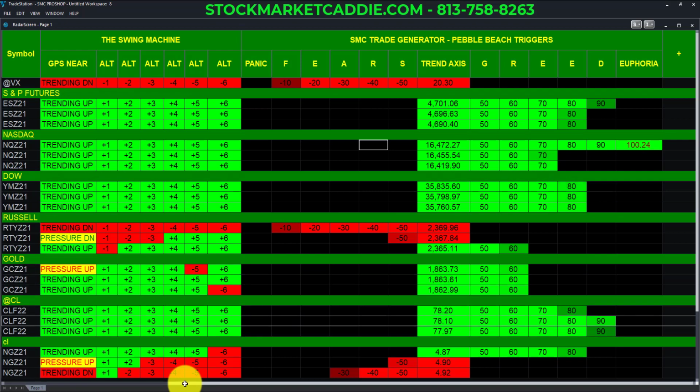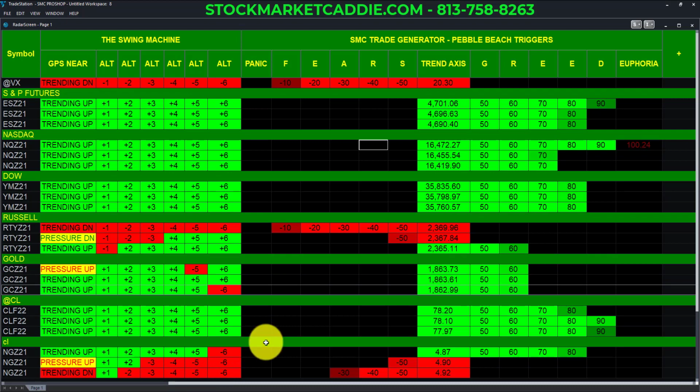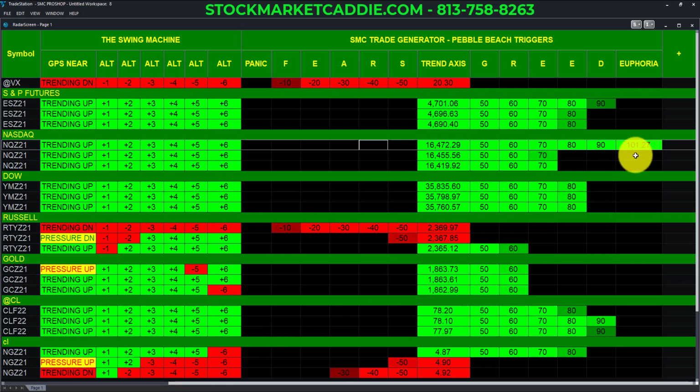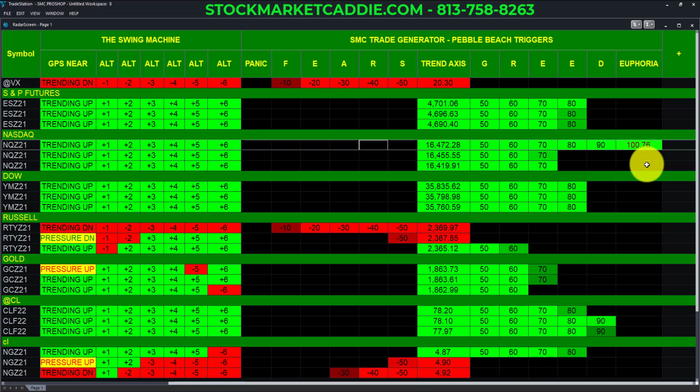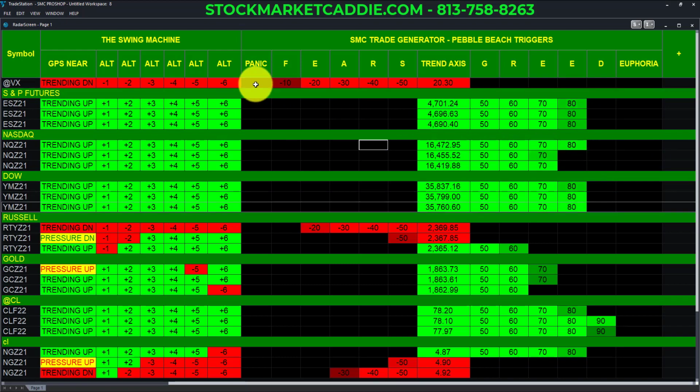Look at the oil. I don't have the right contract on oil. But this can tell you where you are in the field, and the same thing is going to hold true. Now, the 3 minute and the 5 minute could still run up here, but that 1 minute is long in the tooth. And you can see where the VIX is on a 5 minute. There's no fear at all in here.